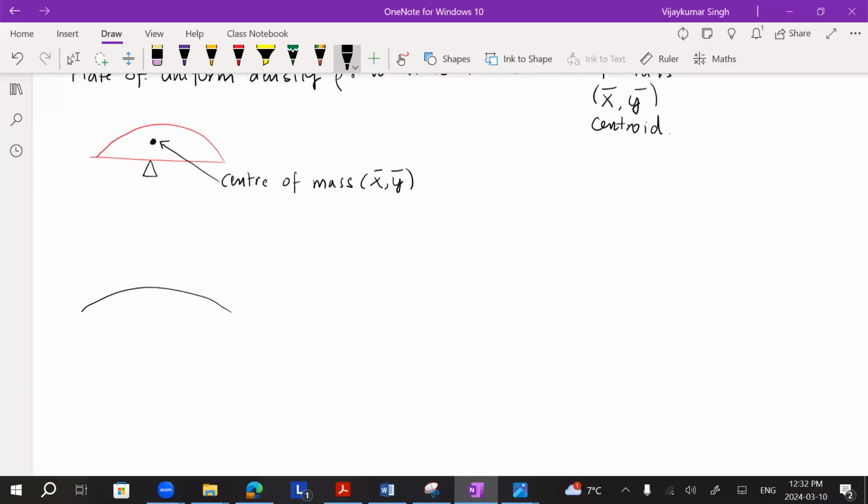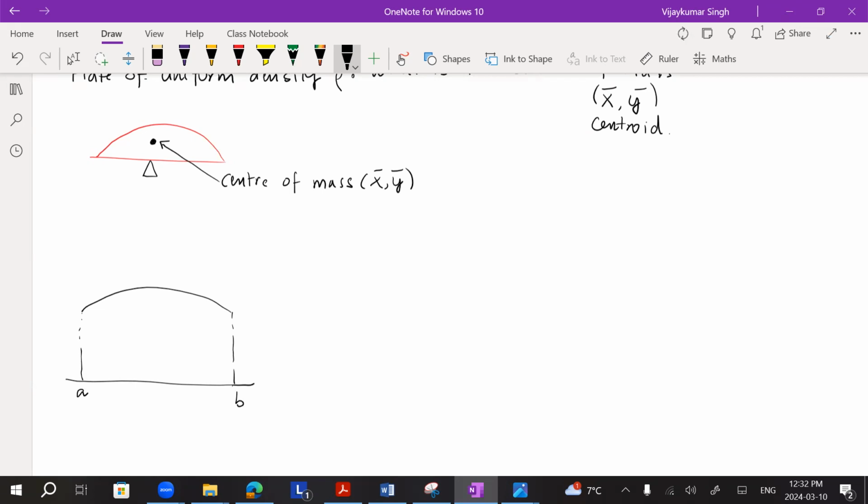So we place our object like that. Suppose this thing is my plate of uniform mass. I situate it between A and B like that.